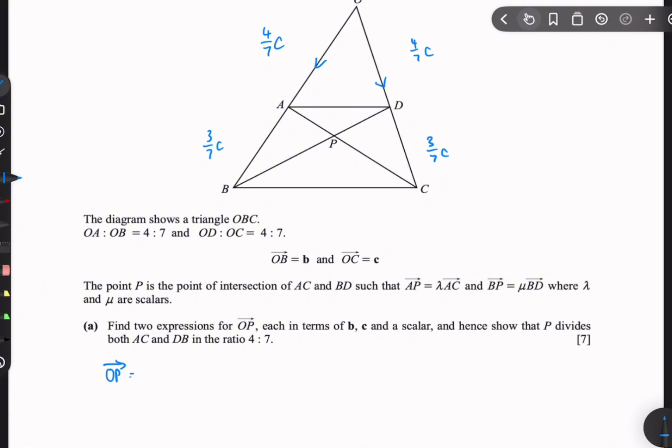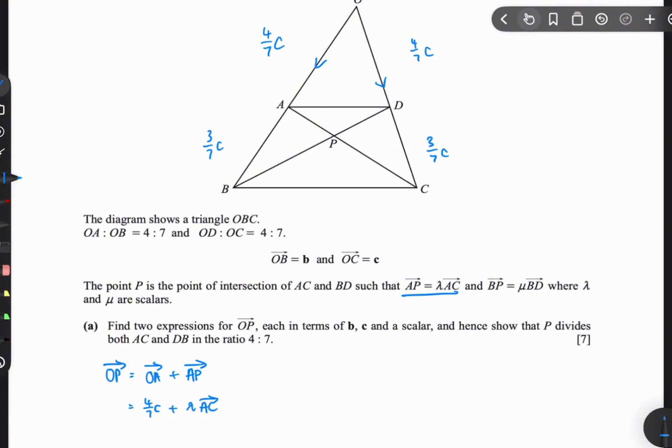Okay, so OP is equal to OA plus AP. OA is 4/7C. AP, we can use this. This will be lambda AC.